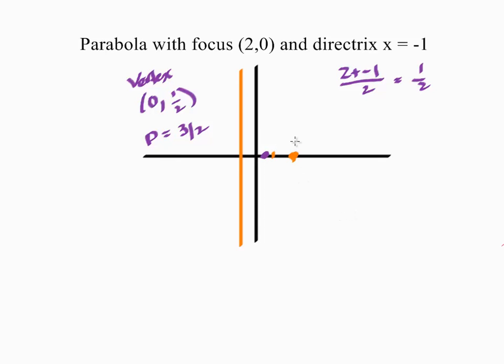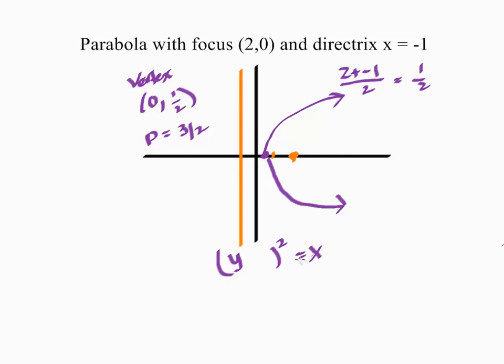Now, in order to write the equation, since the focus is over here to the right, we're opening to the right. Remember, the general equation opening to the right is x equal to y squared.